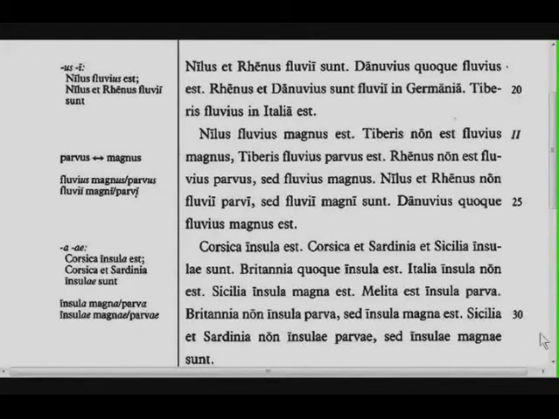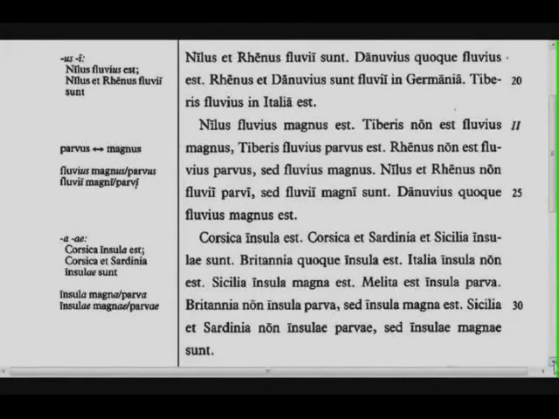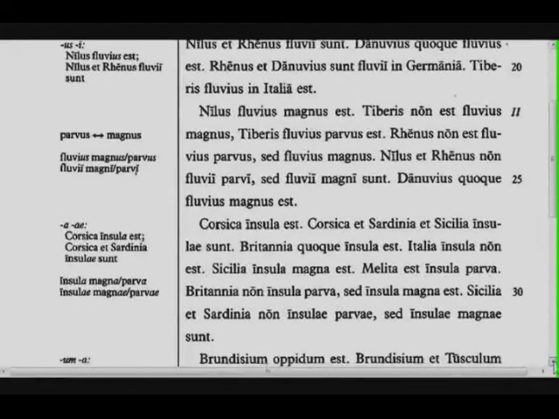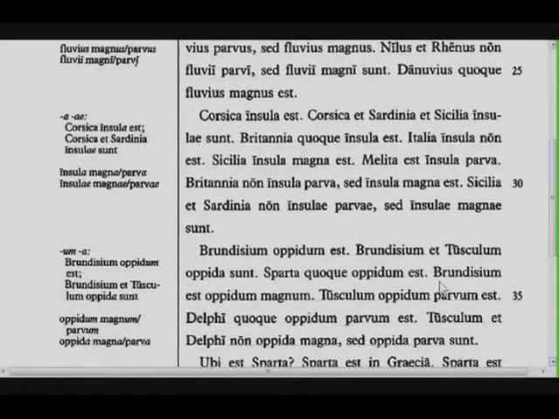The next grammar point I want to show you is in line 33 and 34. Here we have the words oppidum and oppida.